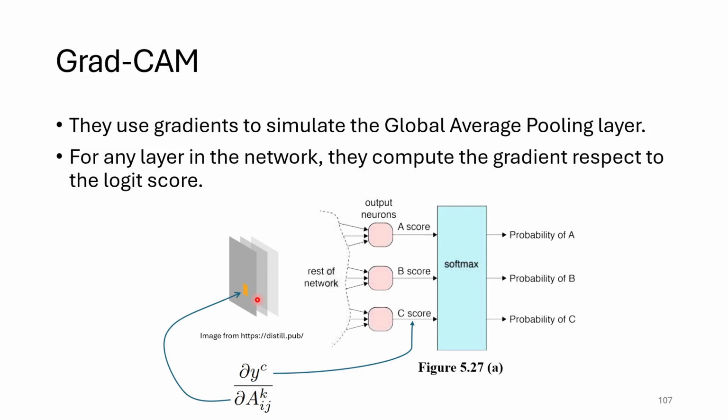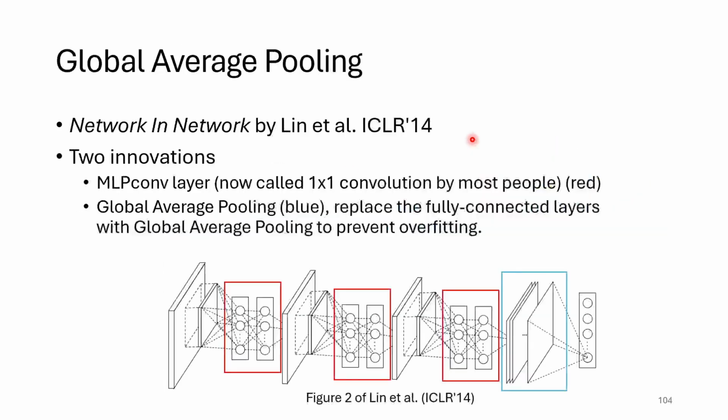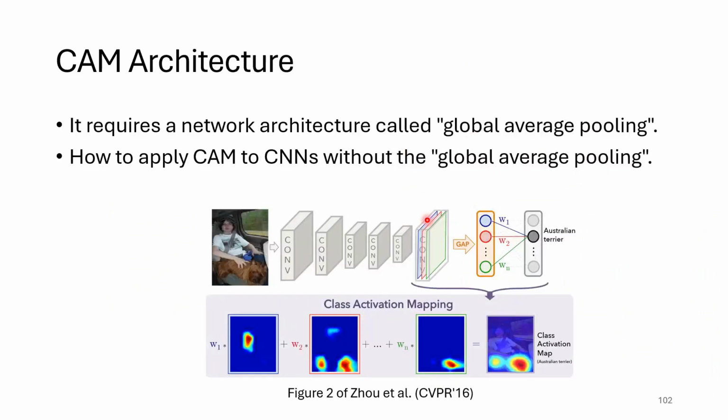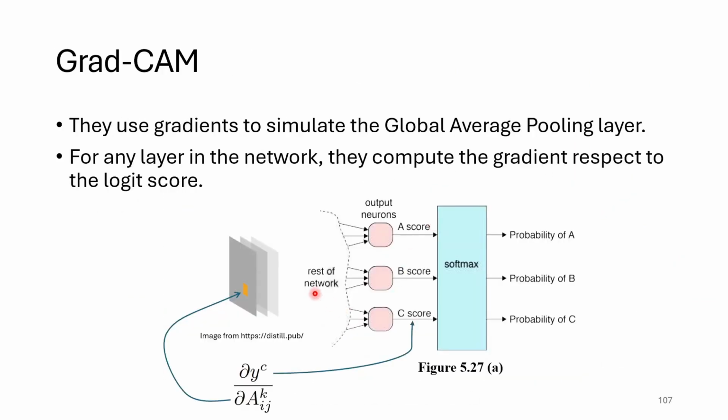That is something like the global average pooling, because in global average pooling they use the average of the channel. Here it is the same. They can use the average of the channel. Suppose the value of the gradient of the pixel is this, using this symbol.